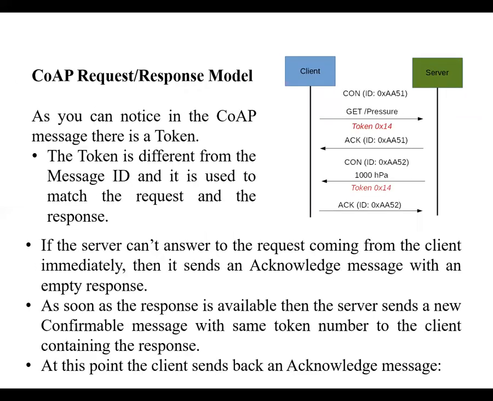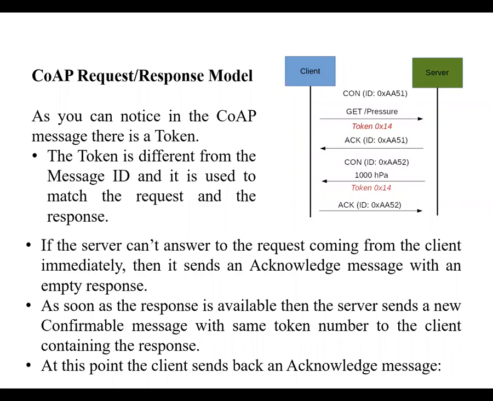COAP request response model. So here you can see there's a sequence diagram, and at one side there is client and the other side is server. So the client sends a request message. The request is about pressure.